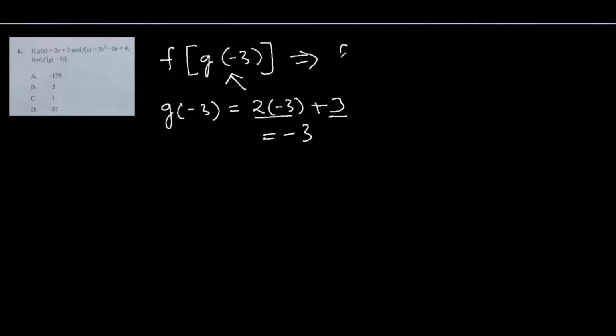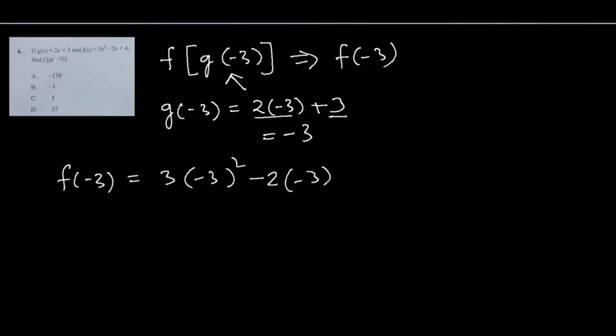So basically this question now becomes f of minus 3. That's what we have to evaluate, and that will be 3 minus 3 square minus 2 times minus 3 plus 4. So this is 9, positive 9 times 3, 27, plus 6 plus 4. 33 plus 4 equal to 37. D is the solution.